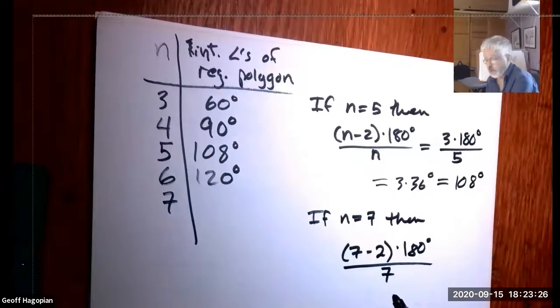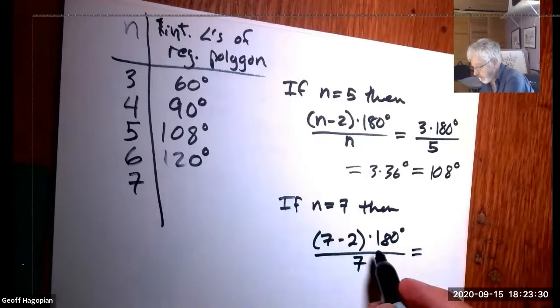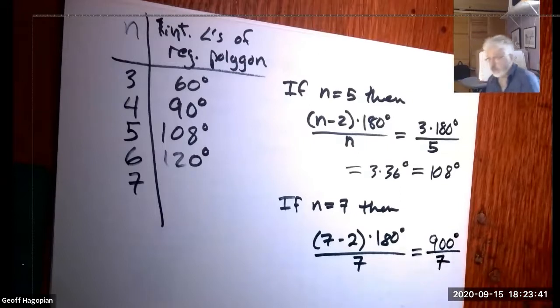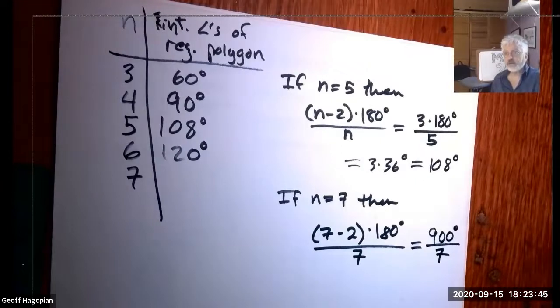So 5 times 180 is 900, which is also, not unsurprisingly, not evenly divisible by 7.